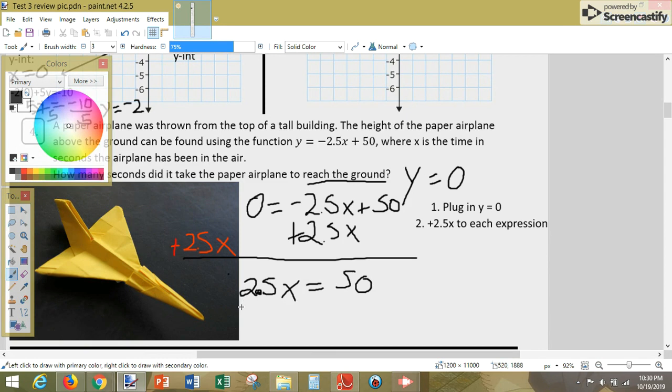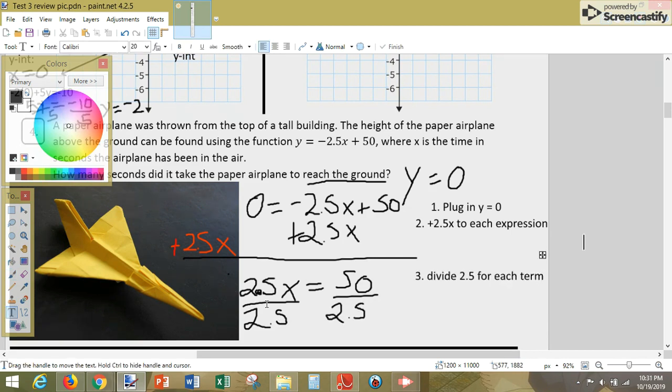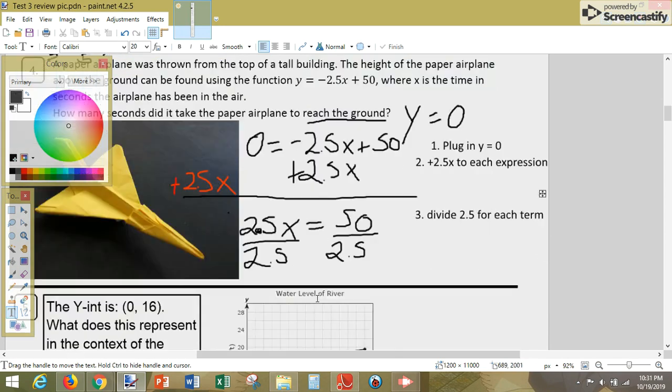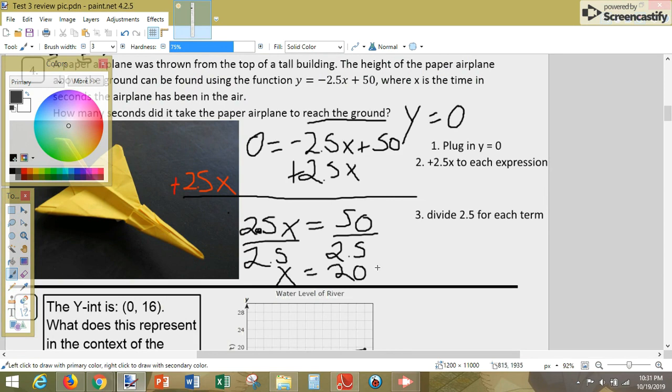We want to divide each term by 2.5 to get the x by itself, to isolate the x. So 2.5 divided by 2.5 is 1. So we have 1x equals 20. So it's 20 seconds. That's your answer.